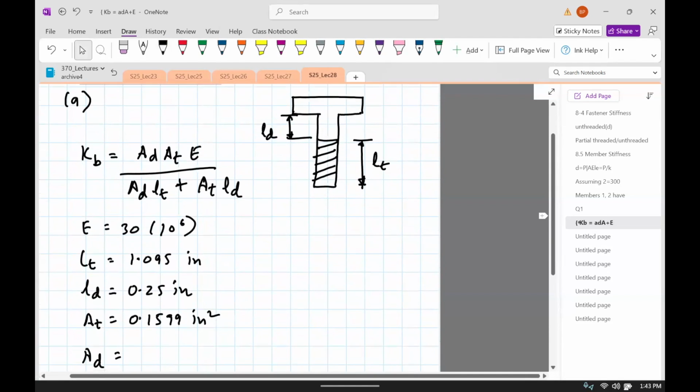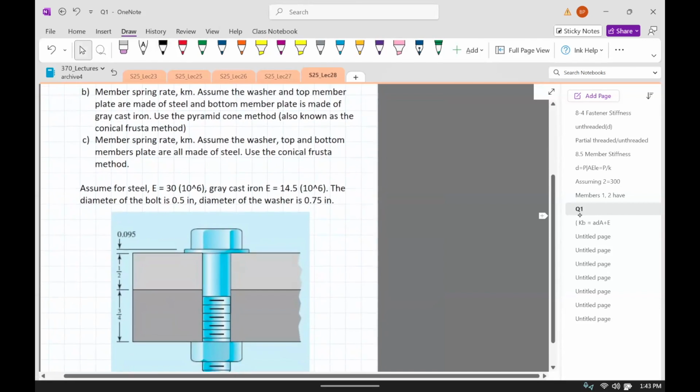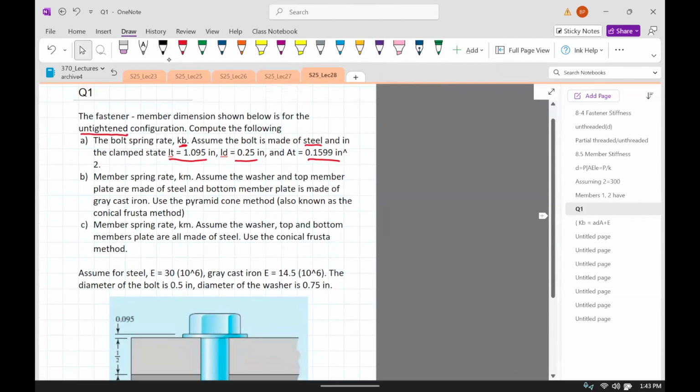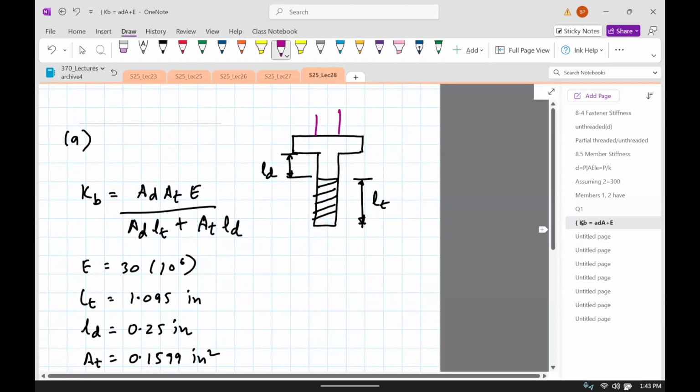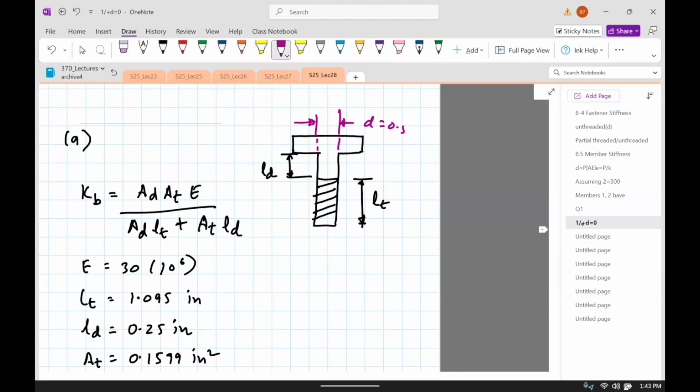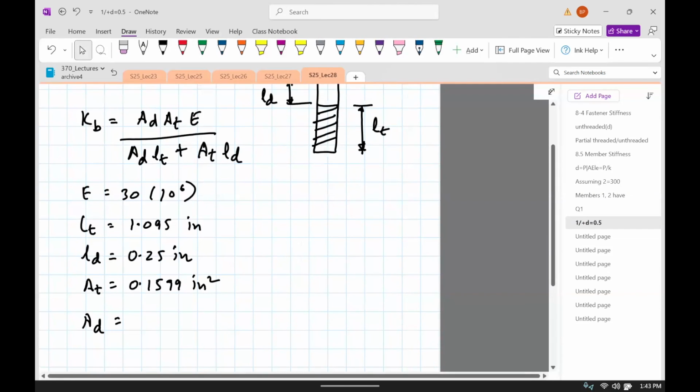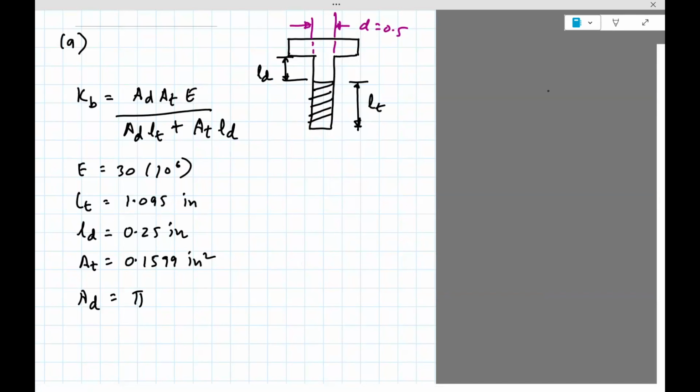What's AD? A is the area of this part, so do we know the diameter of the bolt? Yeah, it's given here. Diameter of the bolt is 0.5 inch, so D is 0.5 inch. So all we need to do is use the formula pi d squared divided by 4, which gives 0.1963. So if you see this expression KB, everything is known.